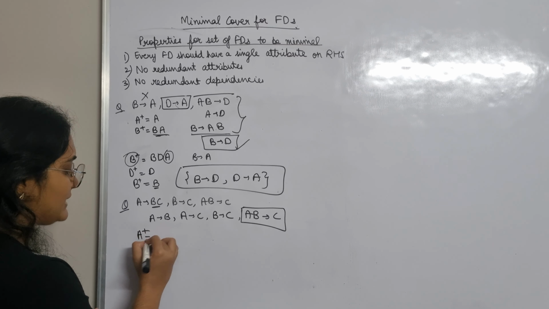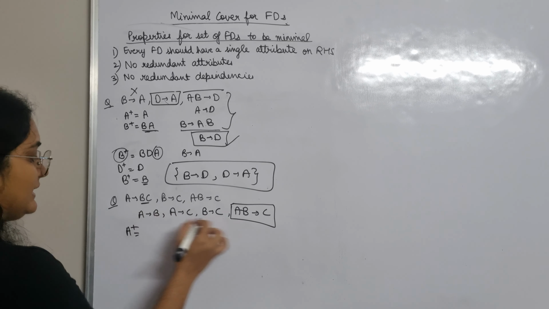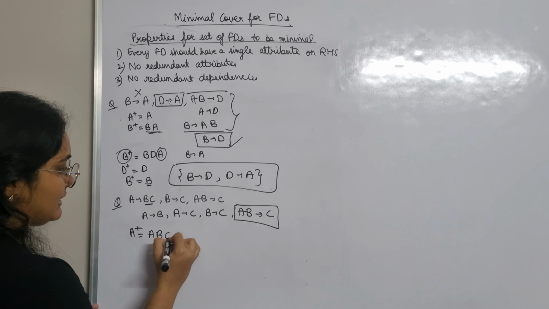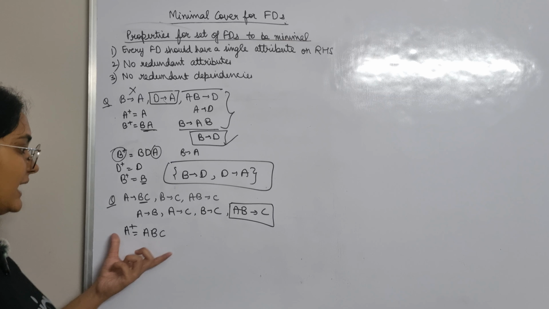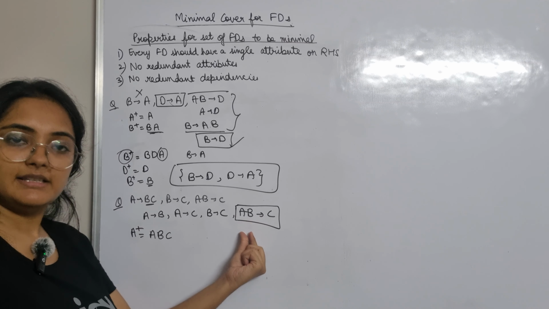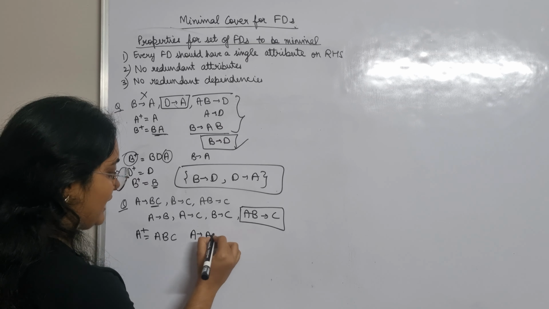Let's find A plus after removing this particular functional dependency. Remove this and find A plus in this. A can derive B, A can derive C, right? So A can itself derive B, so we don't need this, because A can derive AB.